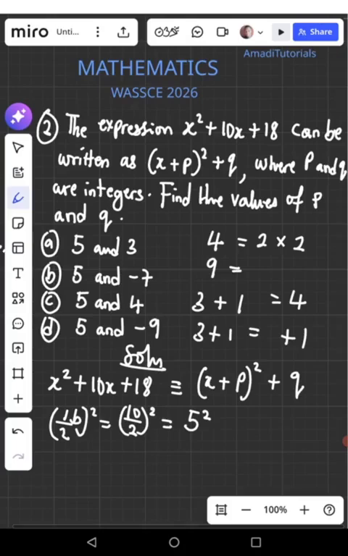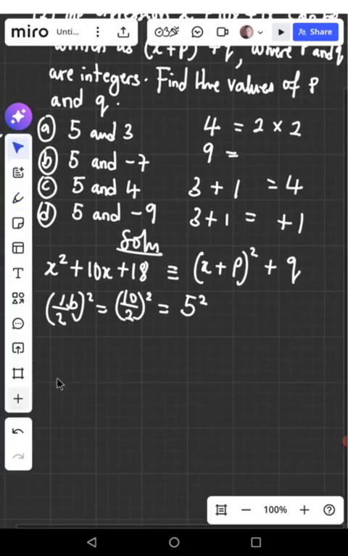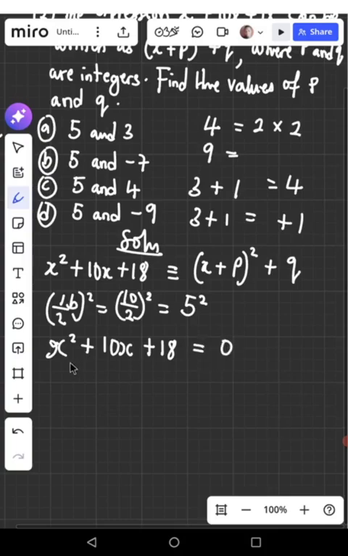So let's do that. That would be x squared plus 10x plus 18 equals 0.